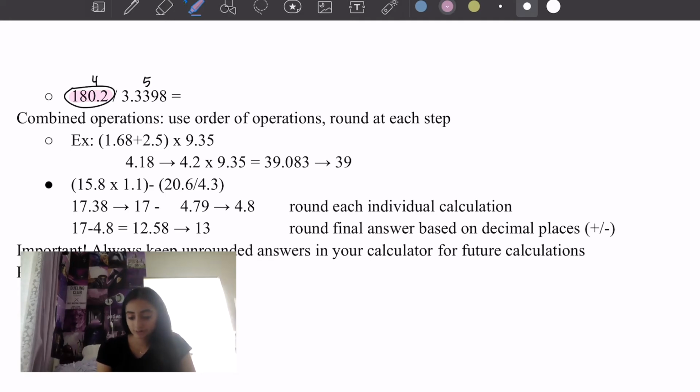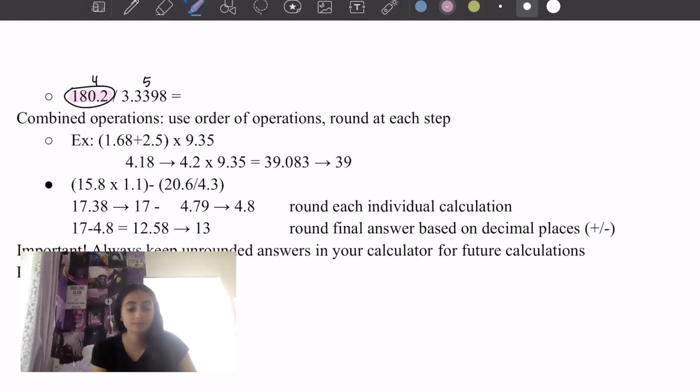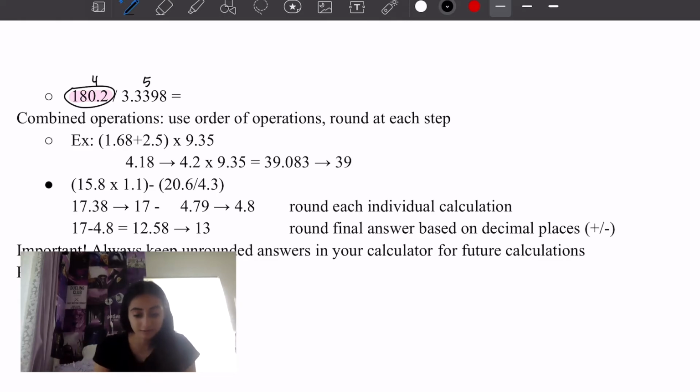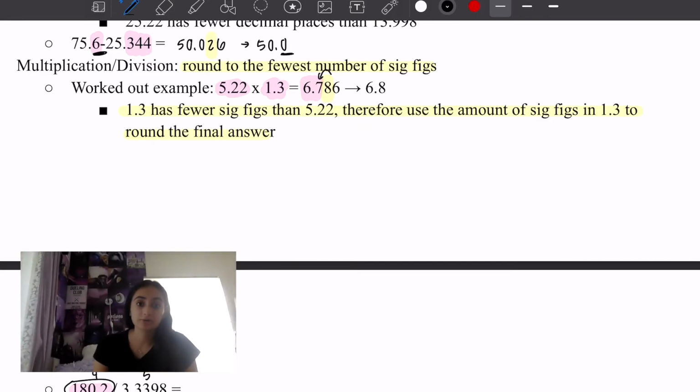So you're going to plug this into your calculator, and you get a super long non-terminating number. I'm not going to write the full version because that would take too long. And in your future chemistry calculations, you would always just write the answer with the correct number of sig figs. We just first wrote the unrounded version so I could show you how the rounding would work.